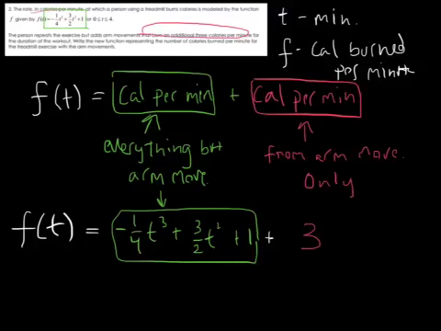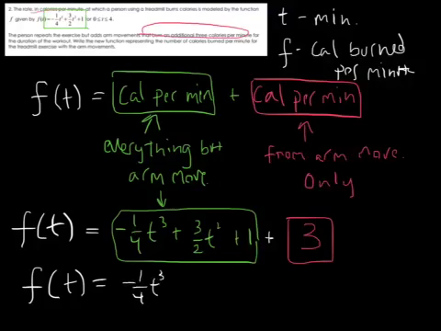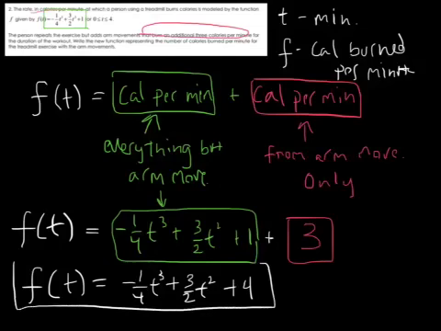And so we can see that this is going to be a constant term, and if I simplify this out, my new expression is going to be negative 1/4 t cubed plus 3/2 t squared plus 4. And that's my new expression, which includes the arm movements.